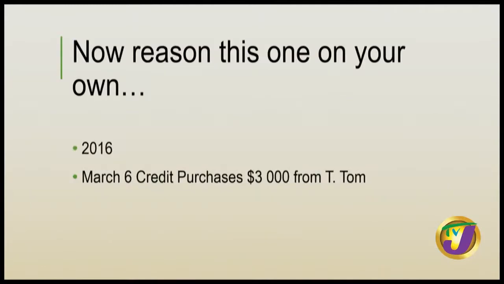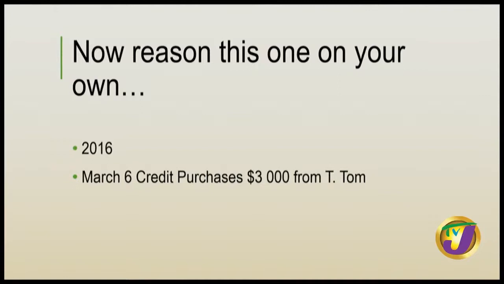Not bad, not true. Getting it. Just remember, we're dealing with stock. And the double entry rules that govern asset govern also all the stock accounts. Now reason this one on your own. 2016, March 6, credit purchases $3,000 from T. Tom.